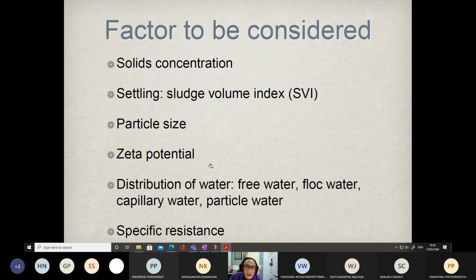Normally, when we consider the sludge characteristic, we talk in terms of the solids concentration, how many percent, 1%, 2%. And next, the characteristic of the sludge is sometimes measured by using an indicator called the sludge volume index, or in short, SVI.